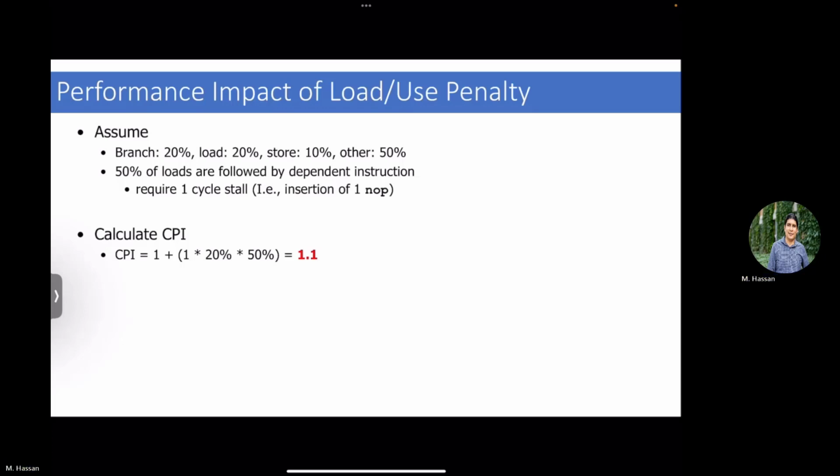But this entails instruction reordering, right? It does not happen for an in-order processor. So you either leave it for the compiler to do, or you have an out-of-order pipeline that does it in hardware. And this is also another reason why people have out-of-order cores, as we will see in the out-of-order session. Good. So I see that you are moving, so let's stop here and continue next time. Thank you.